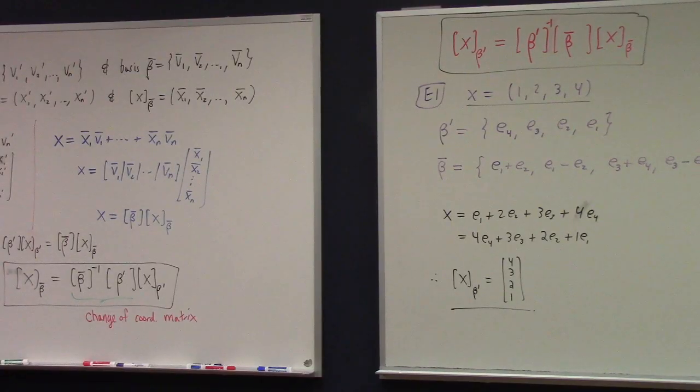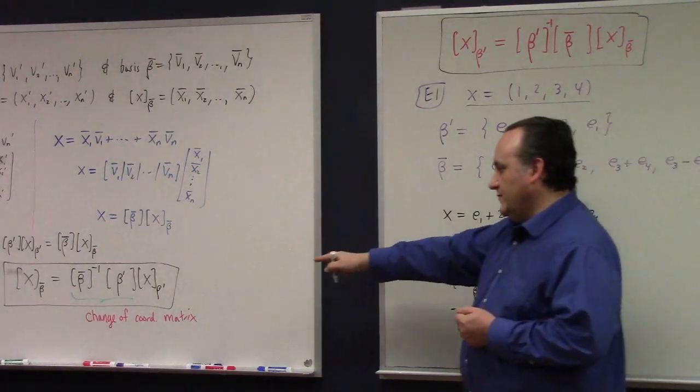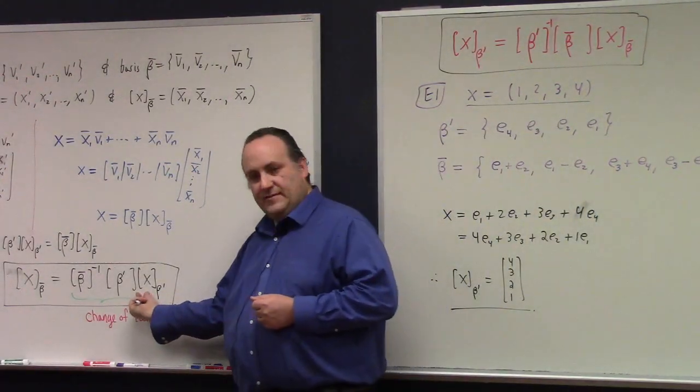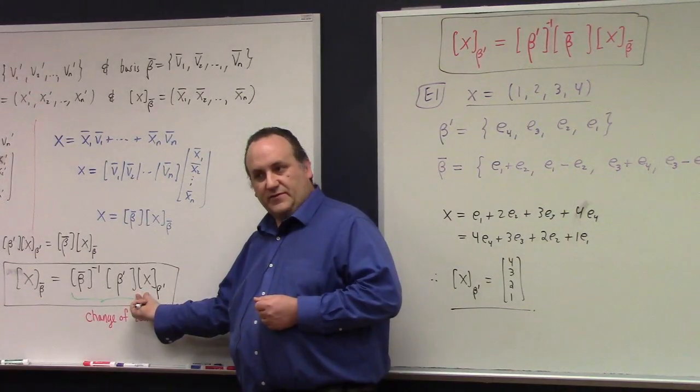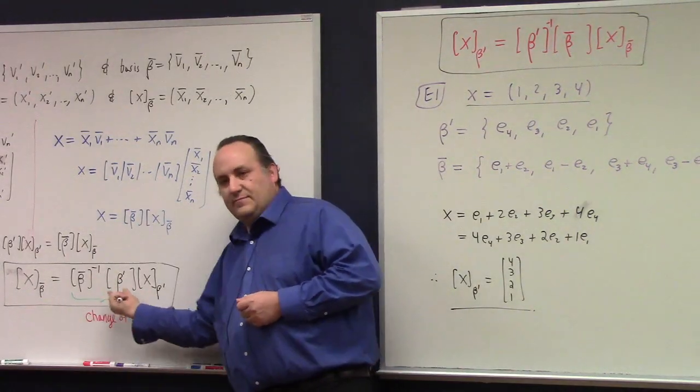Given the work we've already done here on the board, it's 50-50. You got two choices. I think we want to use that one, right? Because we've already got this, which is (4, 3, 2, 1), and we can figure out what these matrices are.